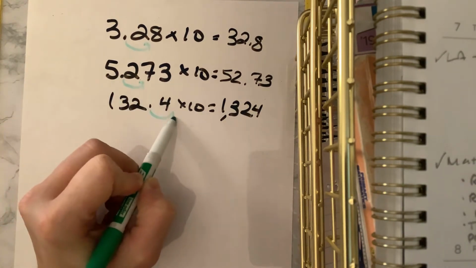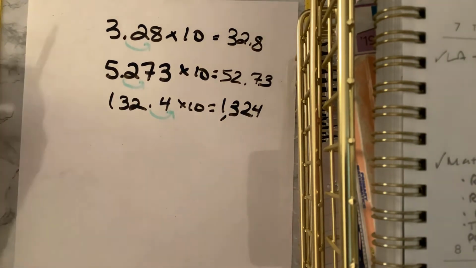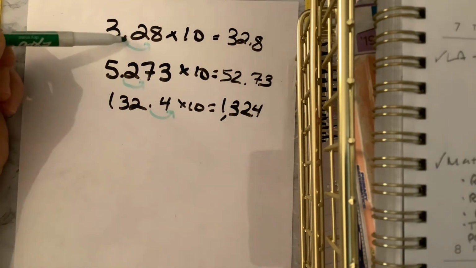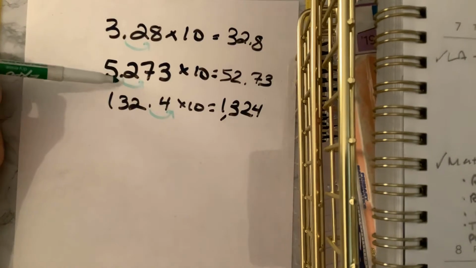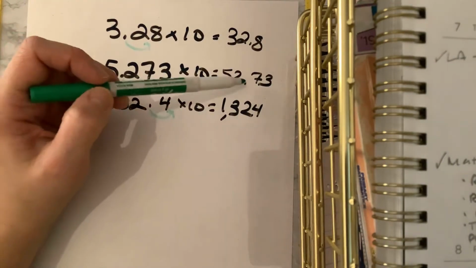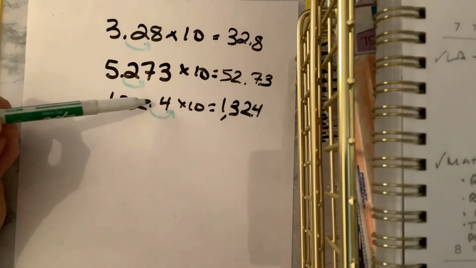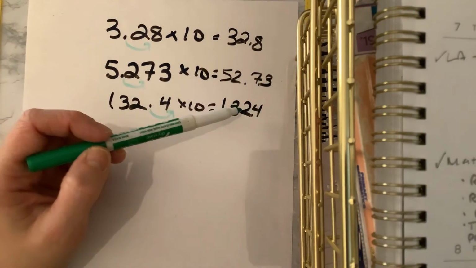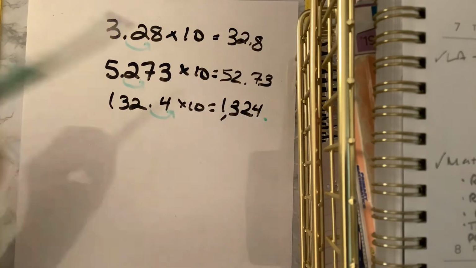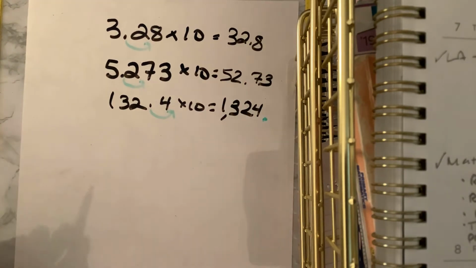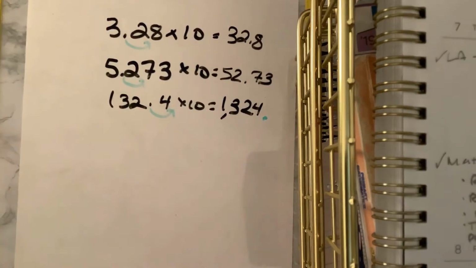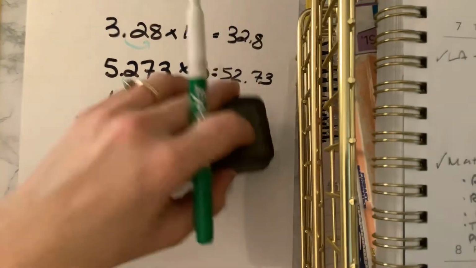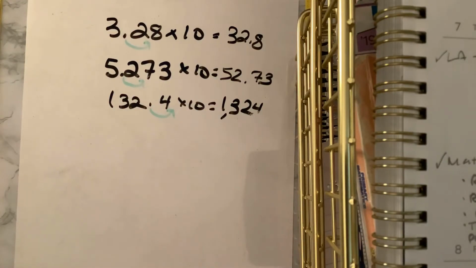Our decimal point is moving 1 to the right. Here it was between the 3 and 2, and now it's between the 2 and the 8. Here it's between the 5 and the 2, and here it's between the 2 and the 7. Between the 2 and the 4, and then over here, we can't really see it, but we can imagine, right? If we're going to put a decimal point at the end of a whole number, it's going to be at the end there, which we don't need, but in this case, it's moved 1 to the right.